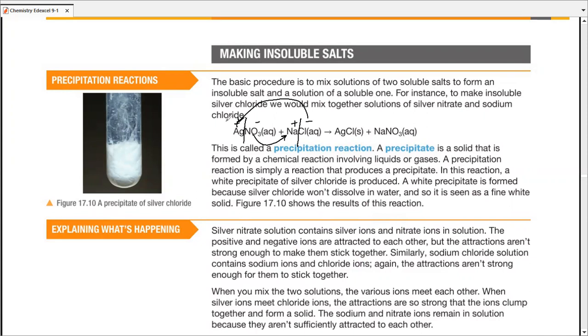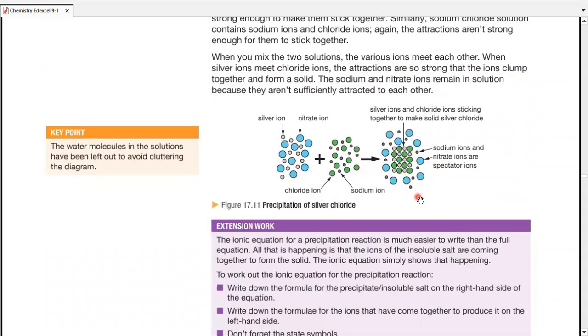So if you understand positive of one is combining with the negative of the other, and vice versa with the other two, you'll see the same thing over here. Now, take a look. The first salt is composed of big blue and small gray balls. The second one is composed of big green and small black ones. Notice the green ones and the gray ones combine.